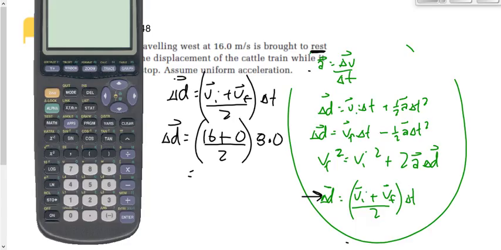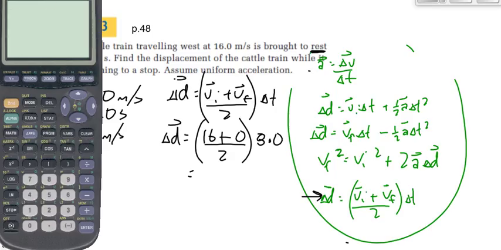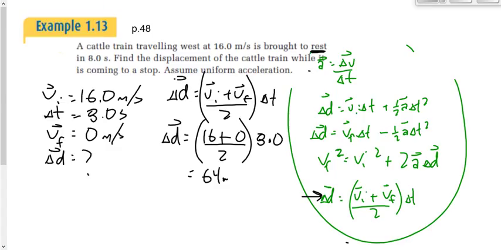Let's do this on our calculators, though, to make sure that you guys can do it. 16 plus 0, of course, is 16. Divide that by 2. So inside the brackets, I've got 8. And then I multiply it by 8. And I end up with 64. If I get an answer, and assuming I haven't made some silly mistake somewhere, then it's got to be right.